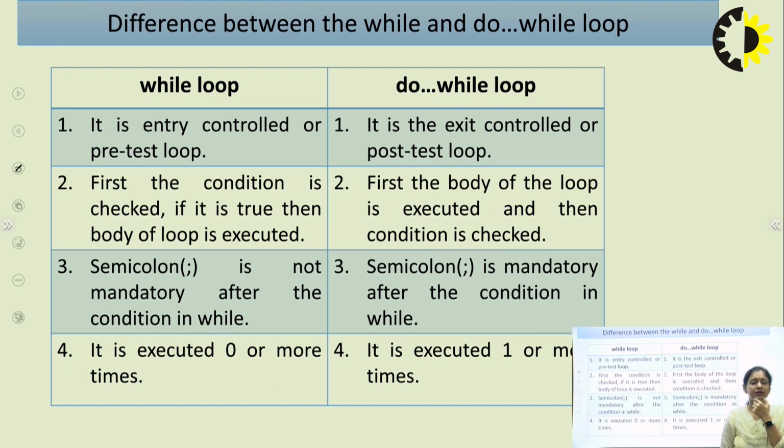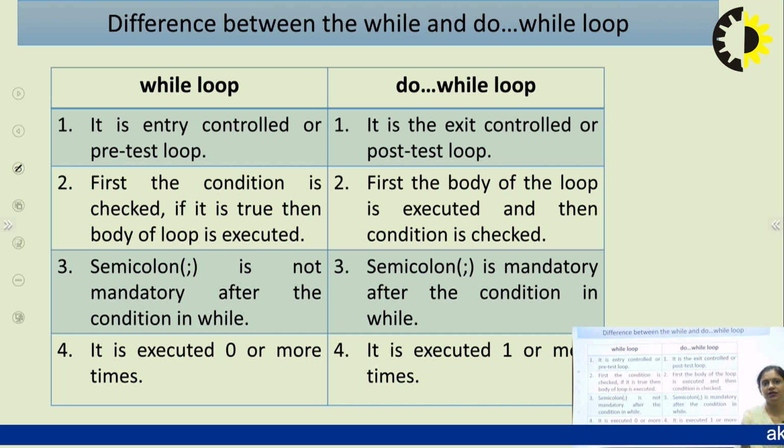Now coming to the difference between the while and the do while loop. In the while loop, the condition is checked at the first stage, that is at the entry of the loop. That is why the while loop is known as the entry control loop or the pre-test loop, whereas do while is known as the exit control or the post-test loop. In the while loop, the condition is checked first. If it is true, only then the body of the loop will be executed. But in the do while, first the body of the loop is executed and then the condition is checked.